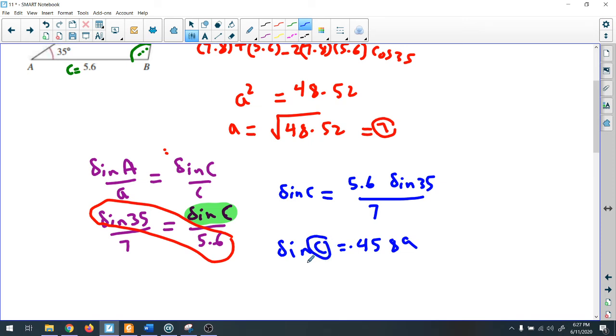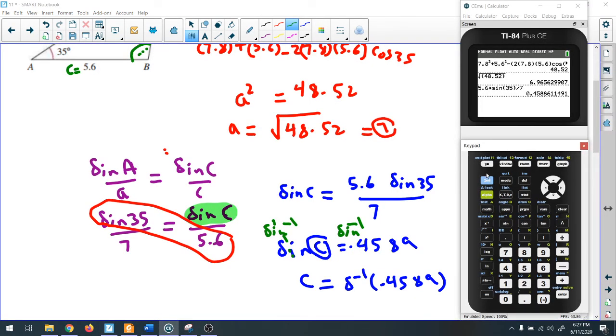And my target is not sine C, but to get C. So we're going to bring arc sine to both sides. Arc sine cancels sine, and then C equals arc sine of 0.4589. Again, this is the step: bring arc sine here, it will cancel, and here is arc sine. And we're going to calculate that.